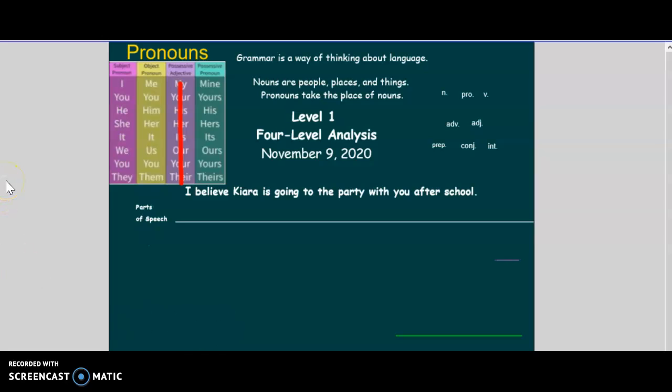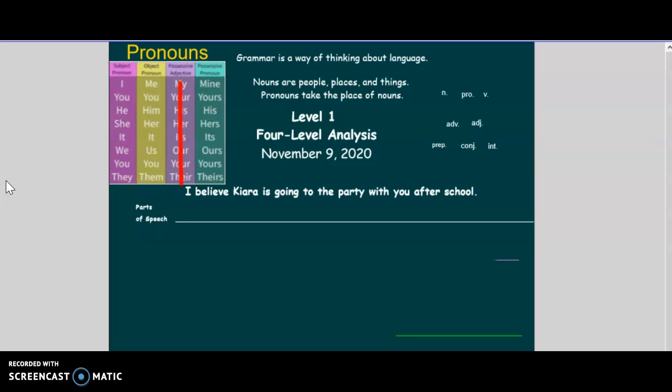So we're going to take it one by one, and you're going to answer the questions this time. You're going to identify each word. So I believe Kiara is going to the party. Is I a noun, a pronoun, or something else? Is believe a noun, a pronoun, or something else?